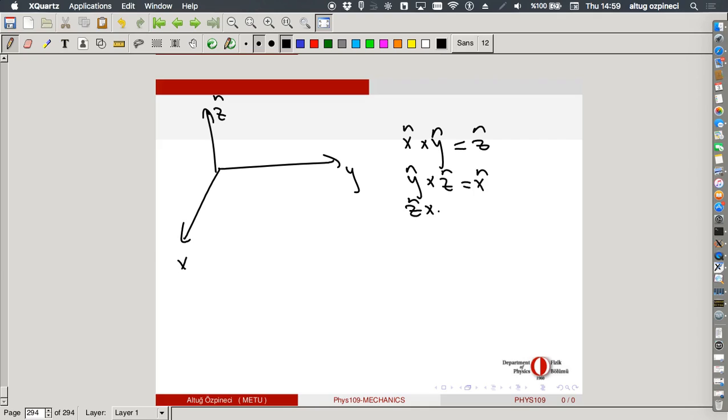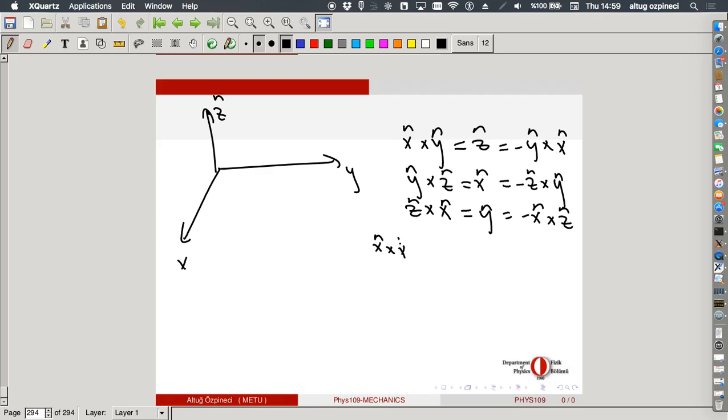And finally, z cross x hat will be equal to y hat. And we already know that if you change the order of the vectors, the cross product changes sign. This is how I wrote the last column over there.